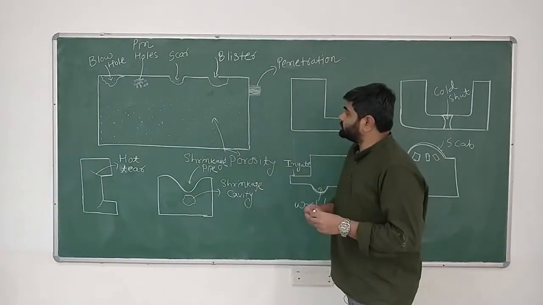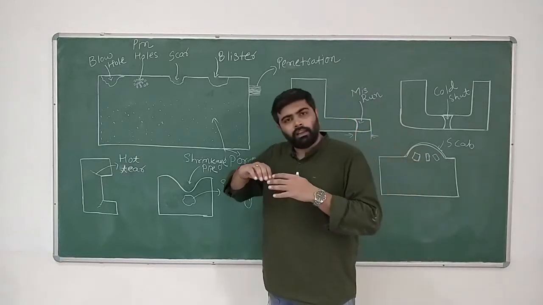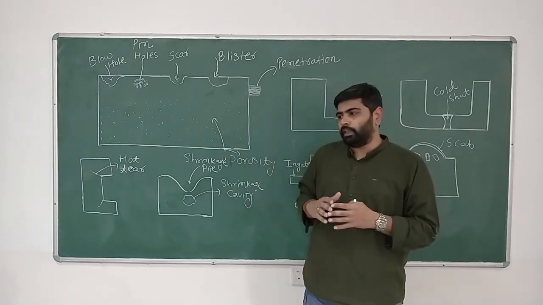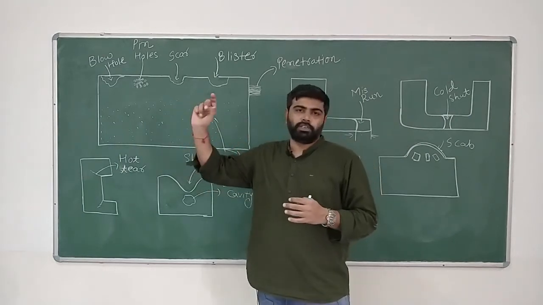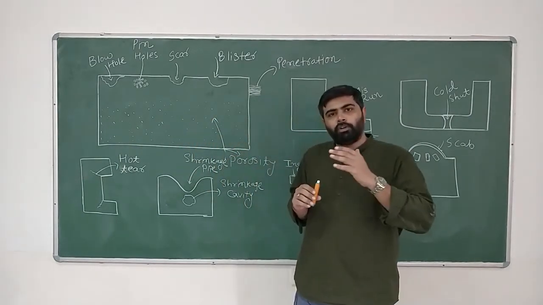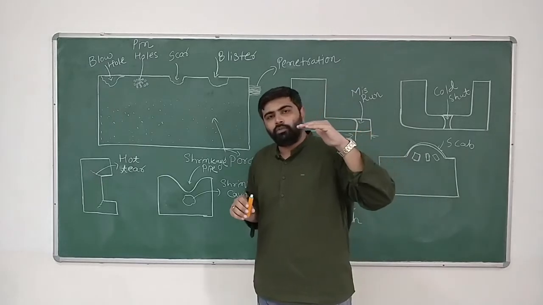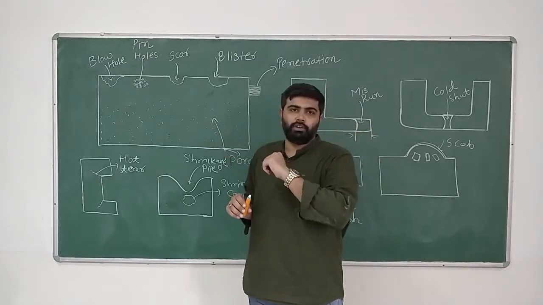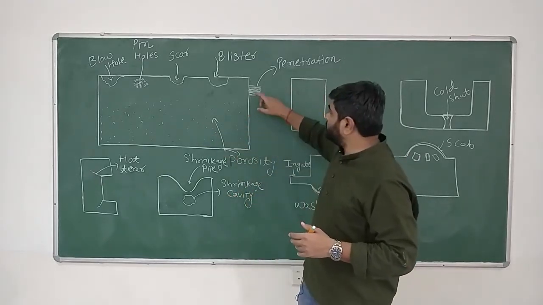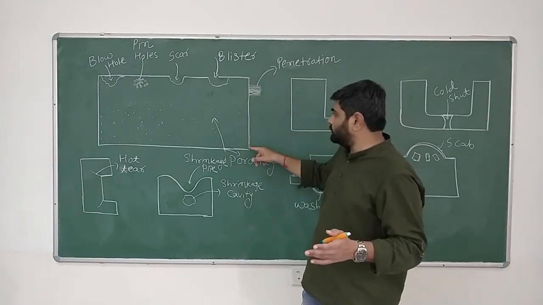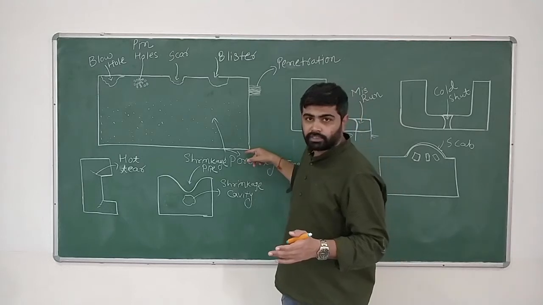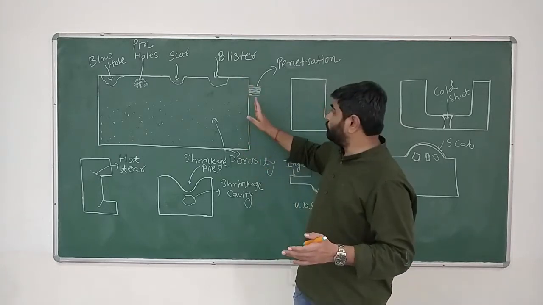One more defect occurs when the liquid metal has high fluidity, and there are, let's say, small cracks present on the mold surface. Because it has high fluidity, it will try to get into those cracks, and after solidification, we should actually have a flat surface. But we won't get a flat surface.